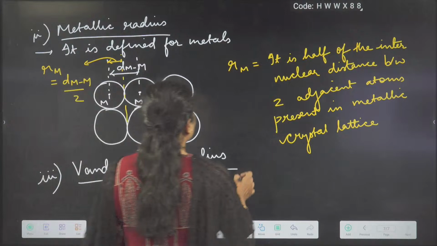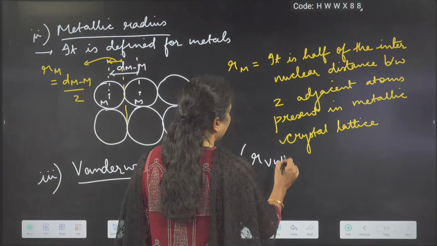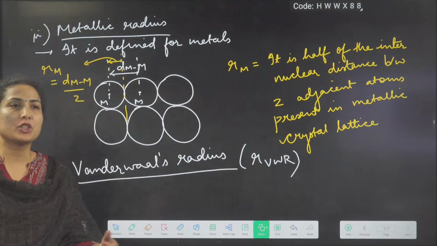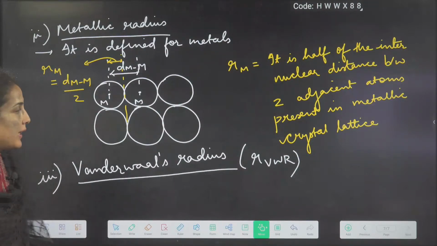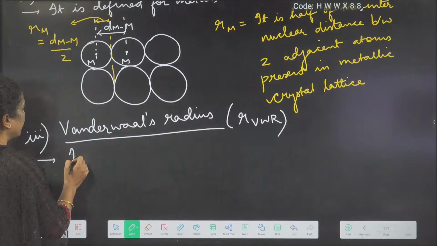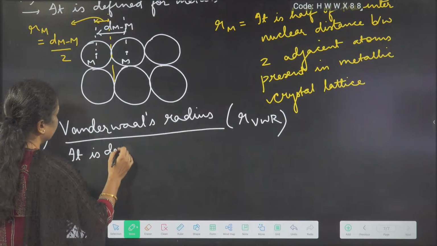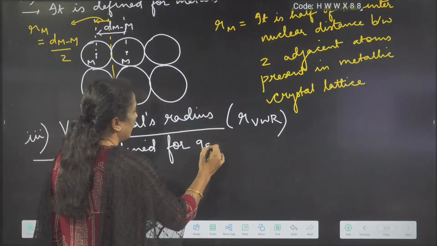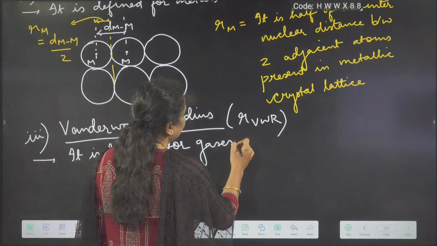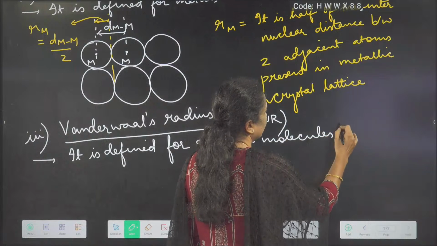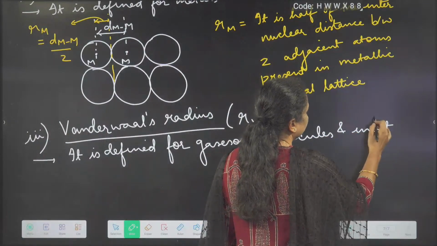Now when it comes to van der Waals radius, it will be defined for gases and inert gases, gaseous molecules and inert gases. So I'm writing it is defined for gases or gaseous molecules and inert gases.